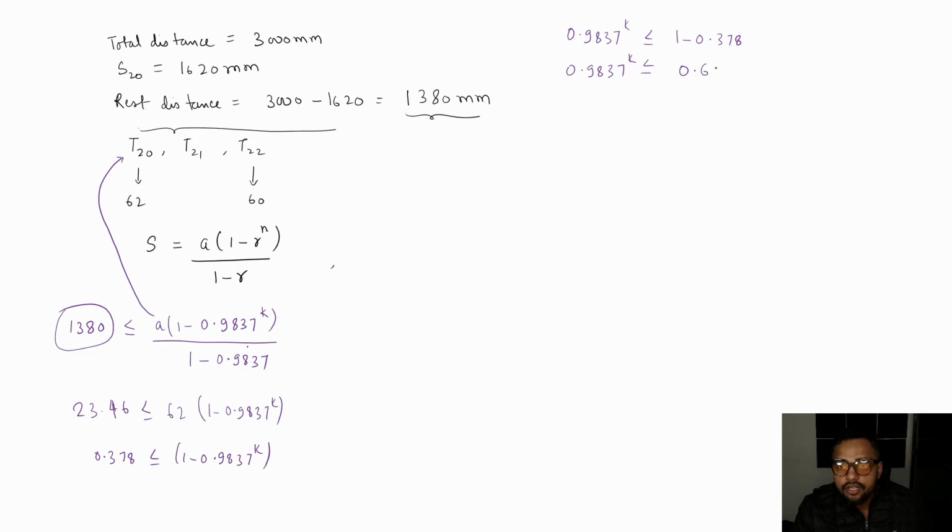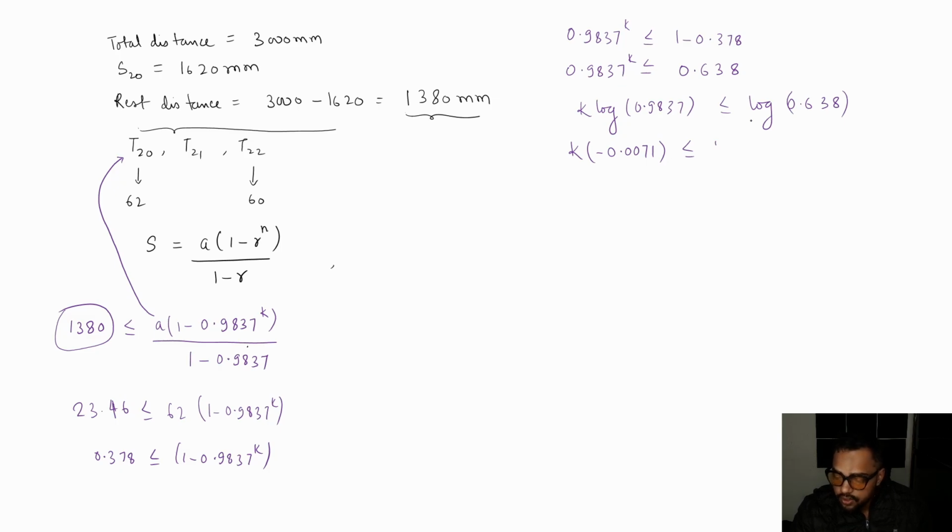So we are getting 0.638. Now we take the log on both sides, so we get k log of 0.9837 less than or equal to log of 0.638. Log of 0.9837 has a negative value, which you can calculate, and we are getting it as −0.0071.